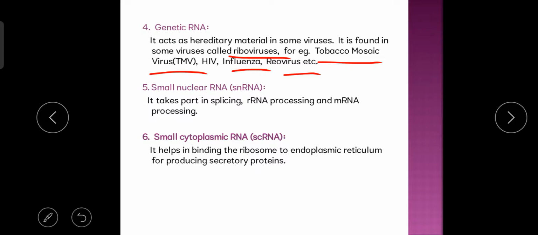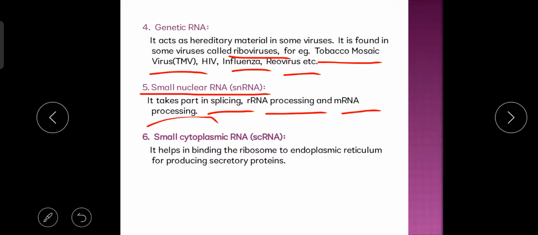So next one, fifth number, the small nuclear RNA. Small nuclear RNAs are found in the nucleus, which mainly take part in the splicing process, RNA processing and messenger RNA processing. Splicing means the removal of some non-coding region from which there will be no production of the protein.